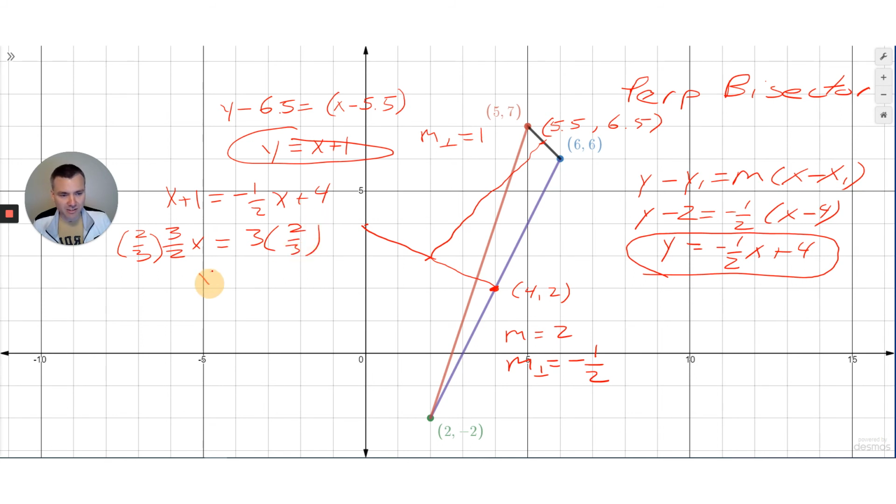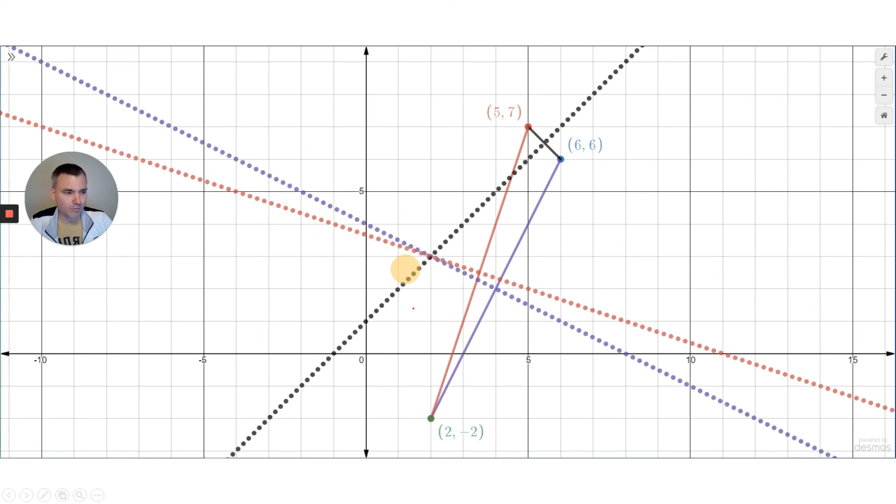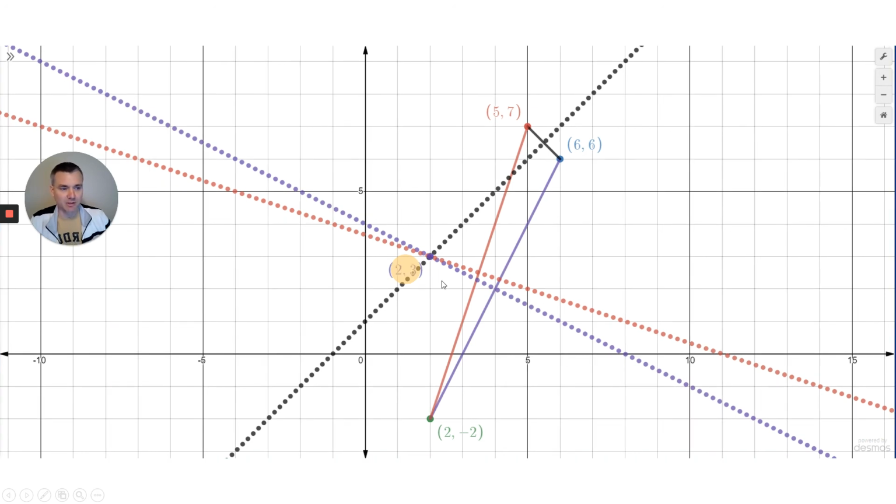That gives me x, and 3 times 2/3 is 2. So the intersection's x coordinate is 2, and for its y coordinate, I just plug it into either of those equations. If I plug x equals 2 into y equals x plus 1, I get y equals 3, which matches up perfectly with my drawing. It's the coordinate (2, 3). All 3 perpendicular bisectors meet right here, giving me coordinates of (2, 3).